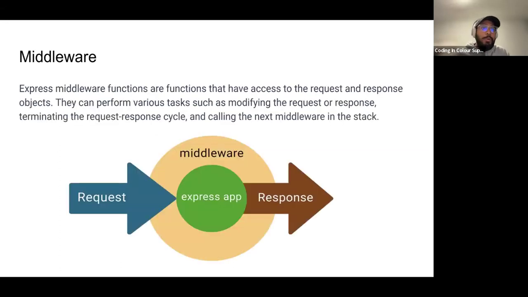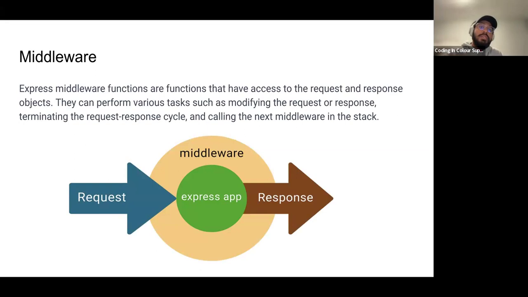Now, moving forward, middleware. Express middleware functions are functions that have access to the request and response objects. They can perform various tasks such as modifying the request or response, terminating the request or response cycle, and calling the next middleware in the stack.